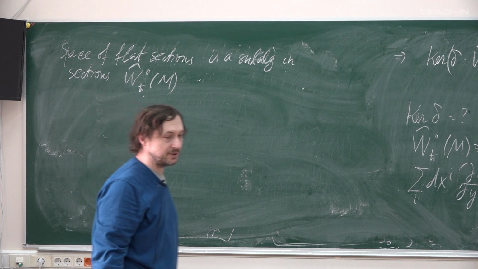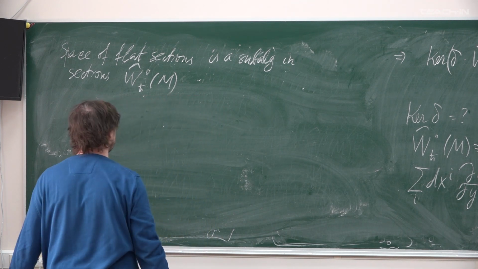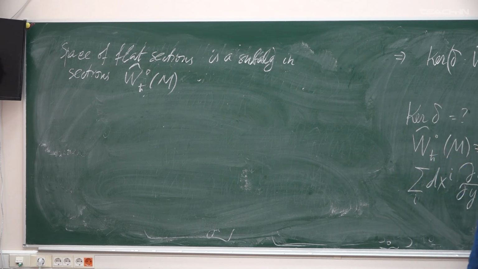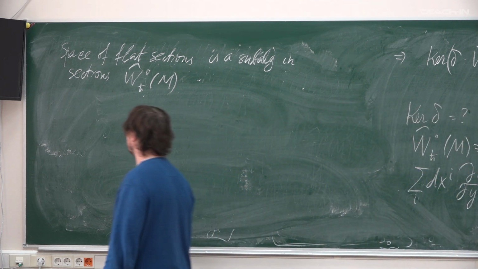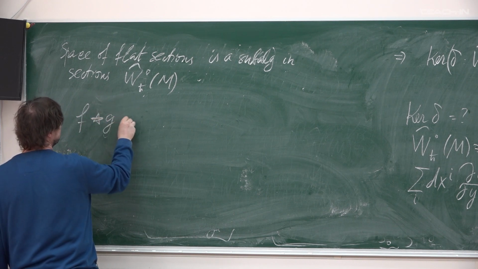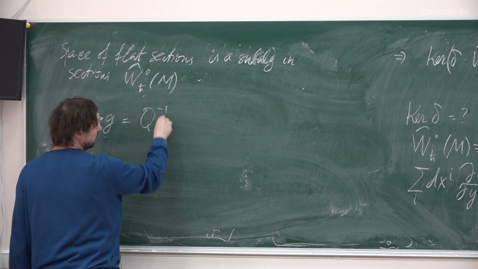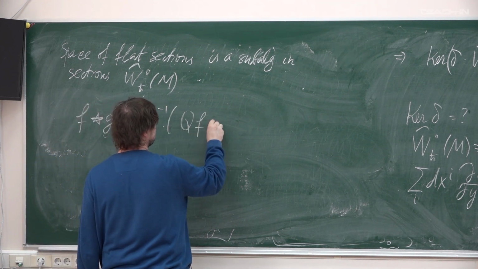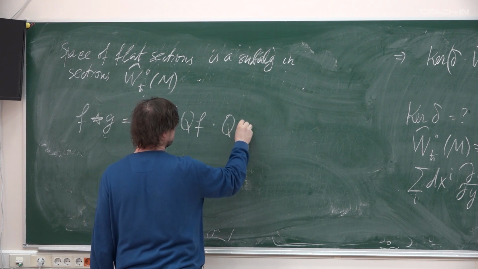And we can now introduce the star product on the space of formal power series by taking F star G to be equal to Q inverse of QF multiplied by QG.